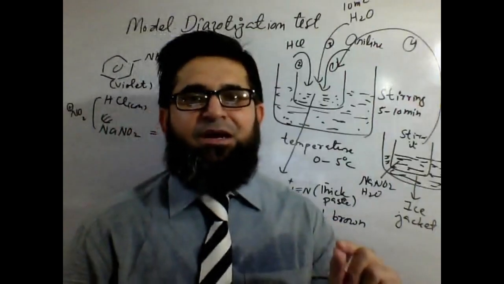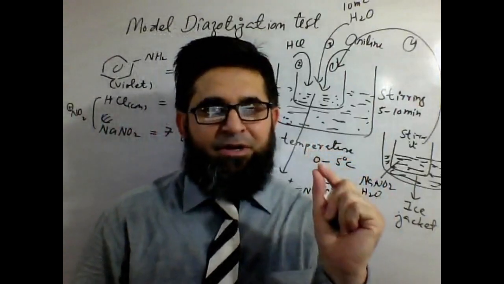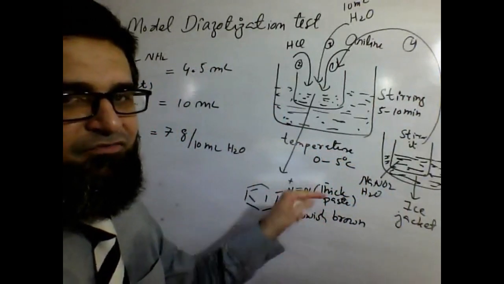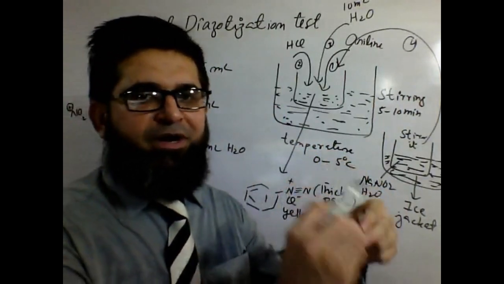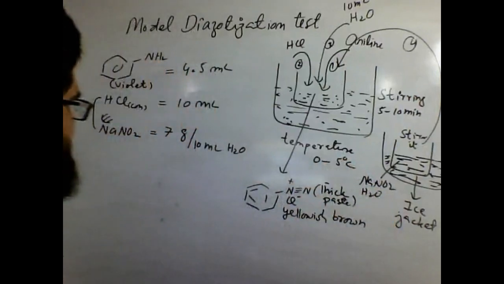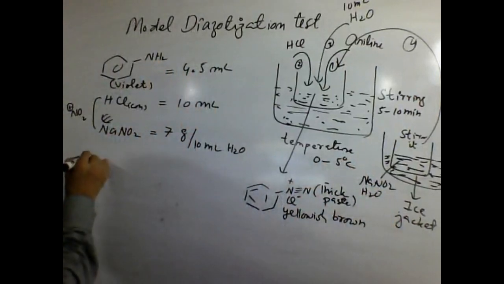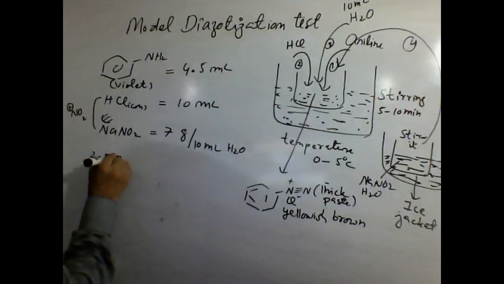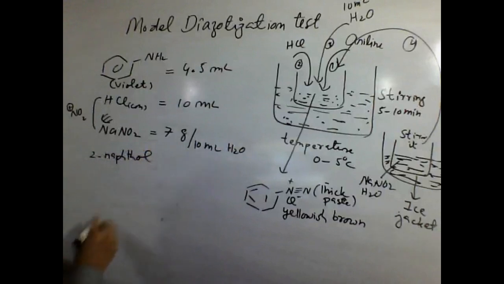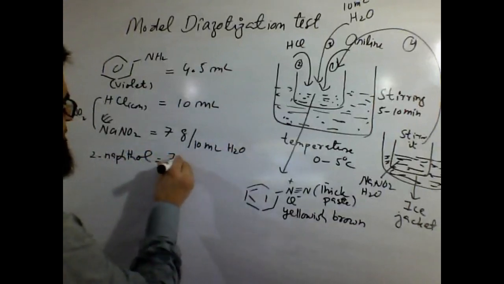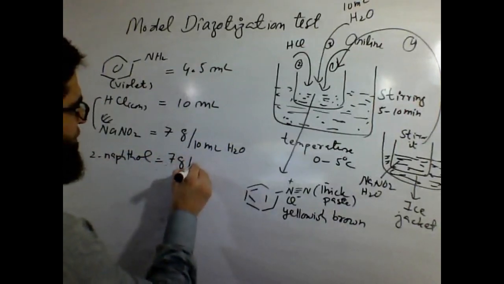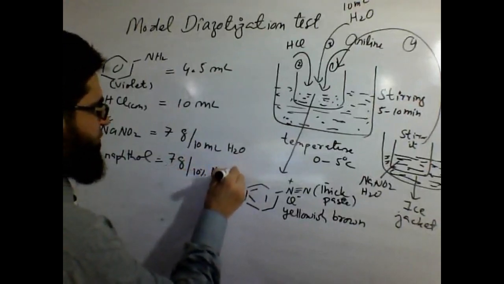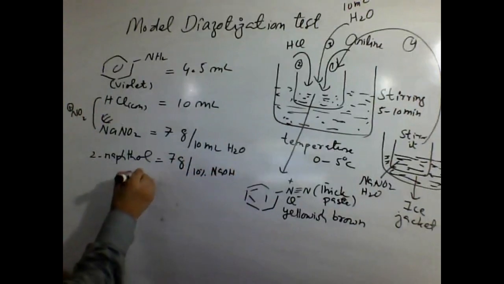We need a coupler to couple this produced diazonium ion with these aromatic rings under electrophilic substitution. What we ask you to use is 2-naphthol. You use 7 grams, and dissolve it in 10% sodium hydroxide solution.